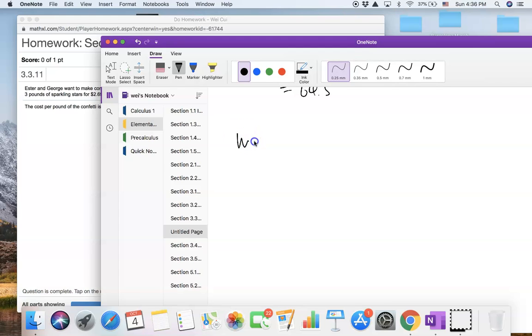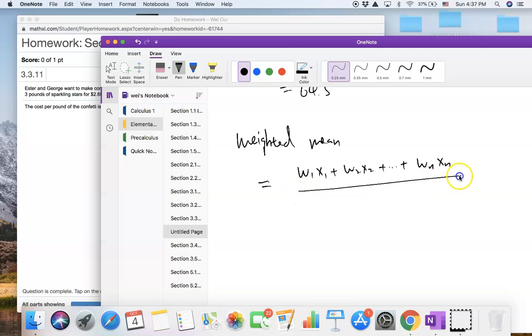So for the weighted mean, or weighted average, the formula is given by this. Here W stands for the weight for each data or for each observation.